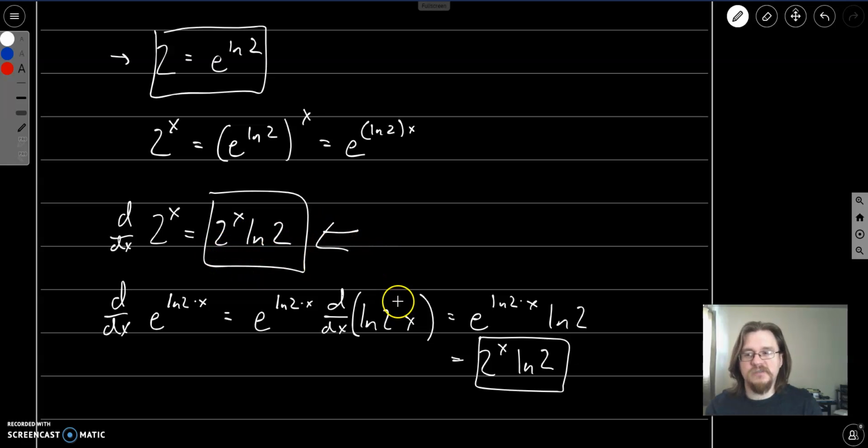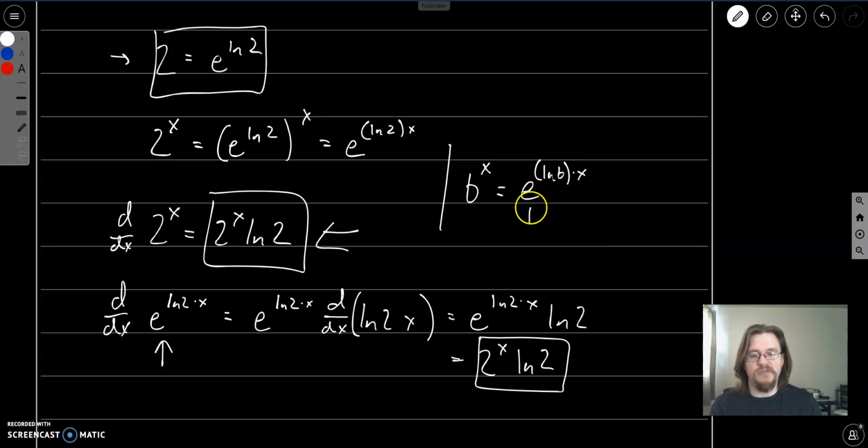This way is much easier, but it's always important to keep in the back of your mind that no matter what exponent you're ever doing, if you have b to the x, and for some reason or another, maybe b to the x is a little bit hard to deal with, you can always turn b to the x into e to the natural log of b times x. And now we have an exponential with base e.